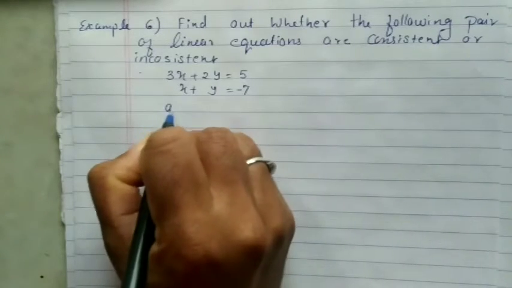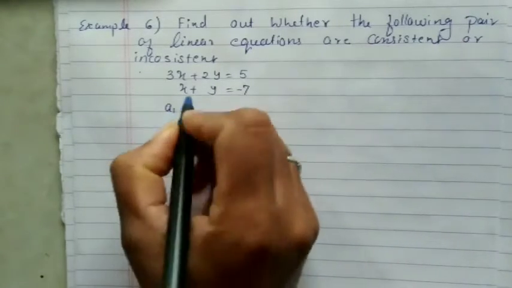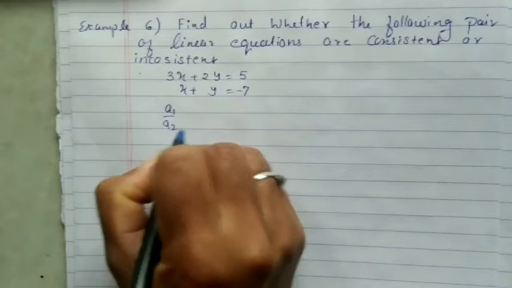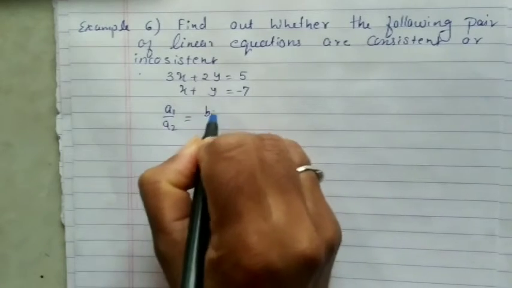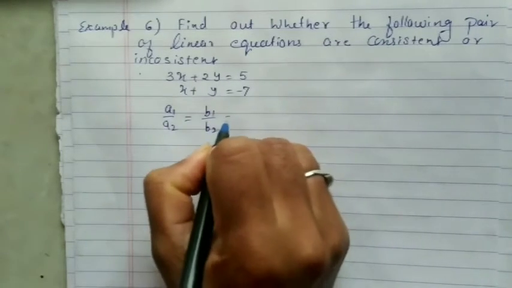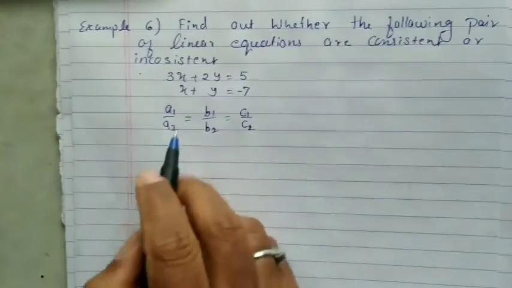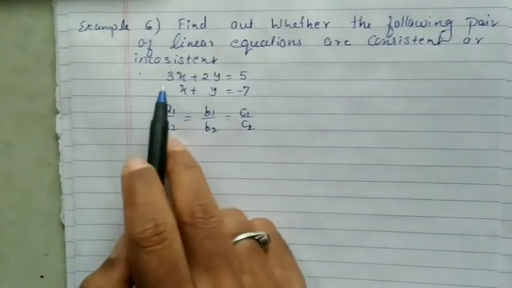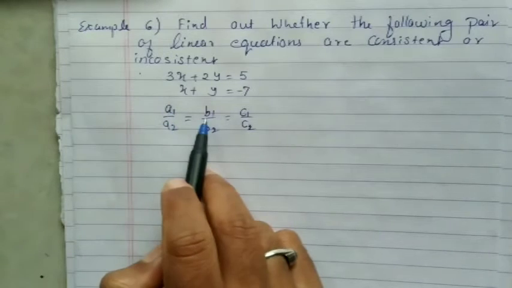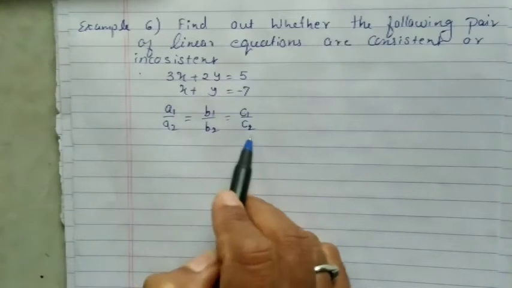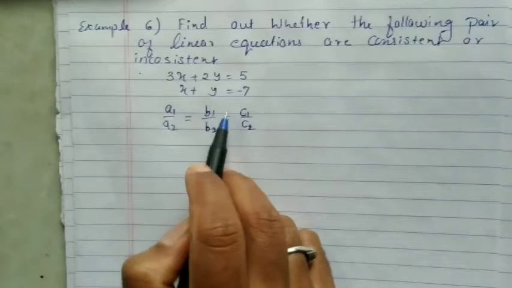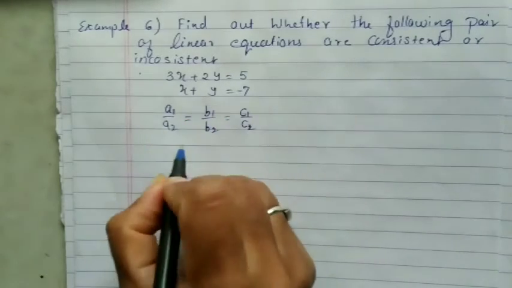So here we are having a1 upon a2 is equal to b1 upon b2 is equal to c1 upon c2. This ratio we have to compare. To write these values, we have to find out values of a1, b1, c1, a2, b2, c2 from these given equations. So what is the value of a1 here?